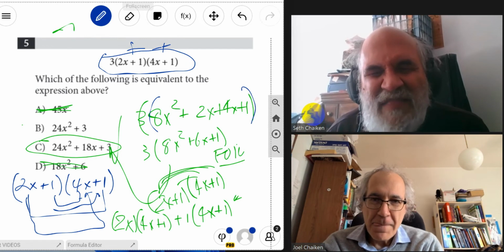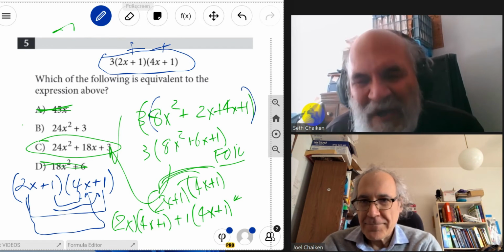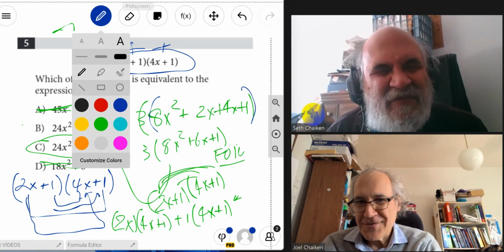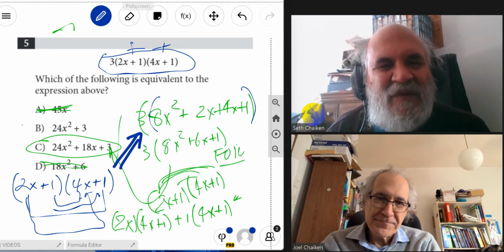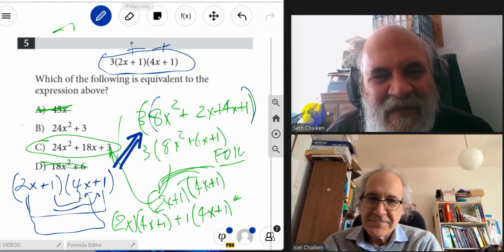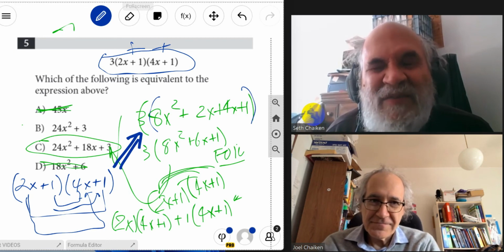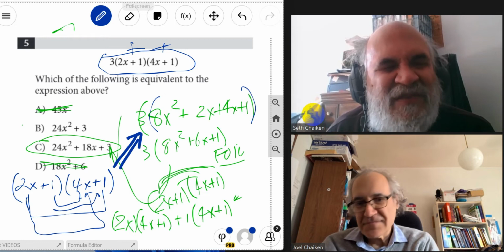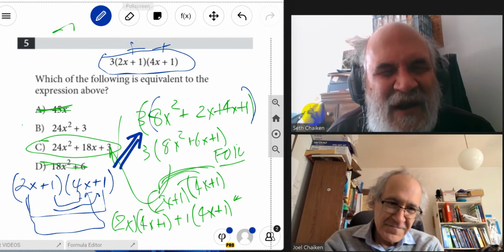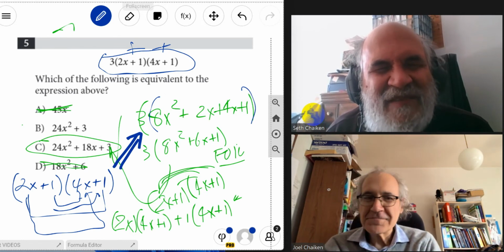I'd rather they talk about it as follows: pick one from the left and one from the right, and do that in all possible ways. The first from the left and the first from the right, the first from the left and the second from the right, the second from the left and the first from the right, and the second from the left and the second from the right.